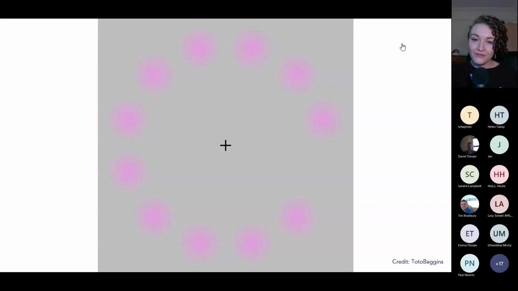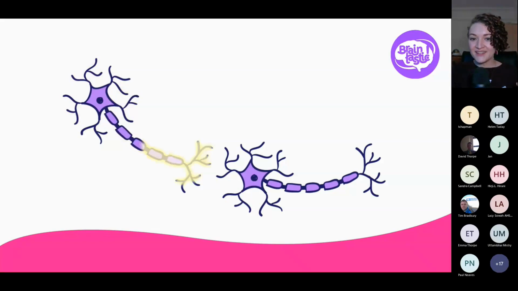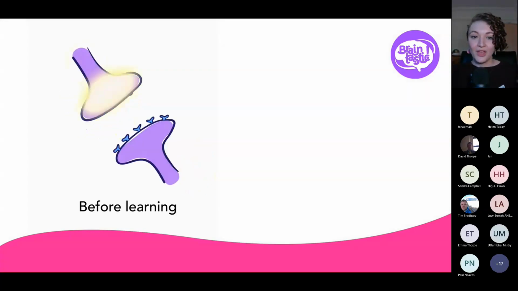And our understanding of fact learning was really nicely summed up in 1949 by a scientist called Hebb. And he said, neurons that fire together wire together. So what that means is that the more you activate a pair of neurons together, the stronger the connection between them becomes. And this really is the basis of all learning in the brain.